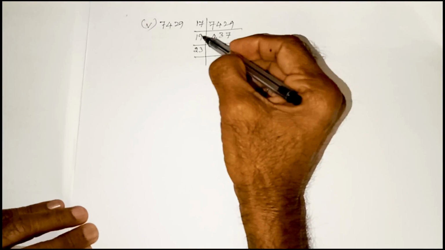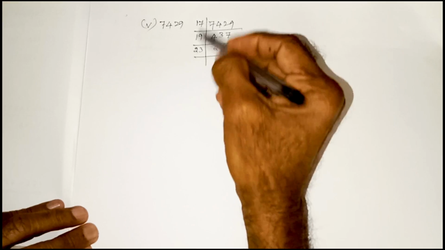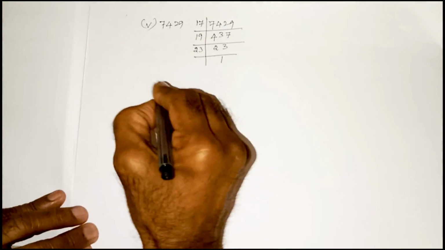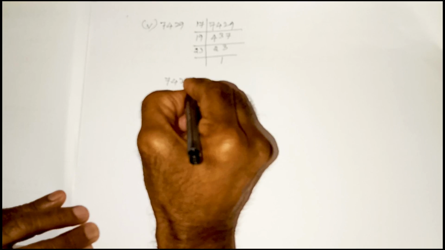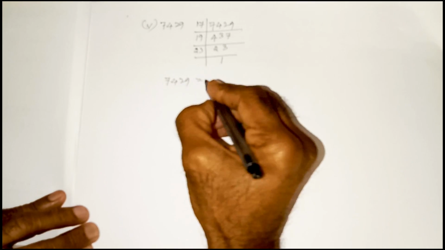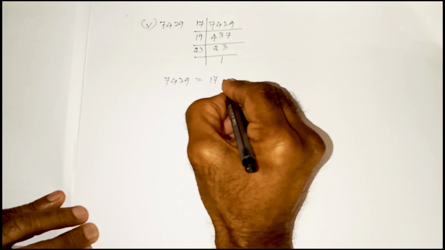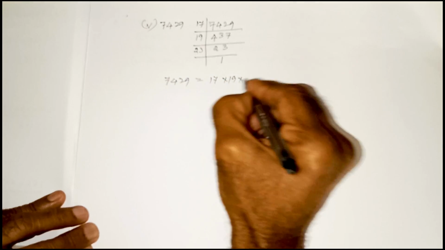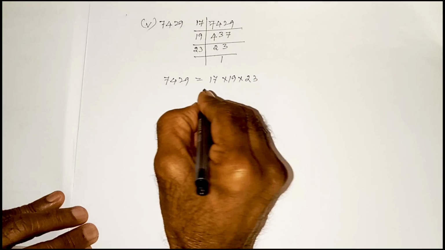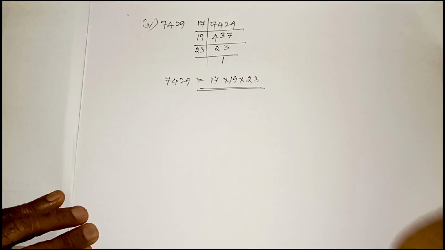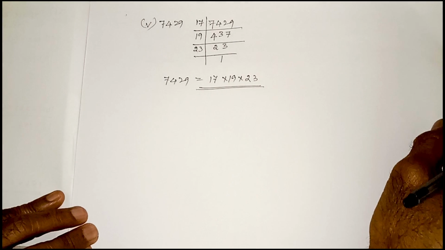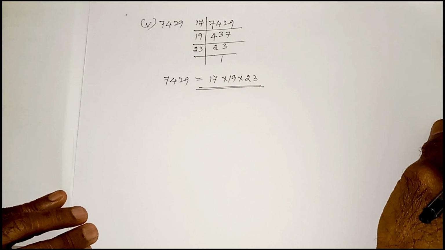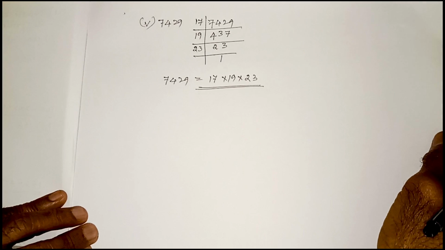Now 17, 19, 23. These three are the factors of 7429. Let us write down. The factors are 17, 19 and 23. This is your answer. Now we have solved question number 1 of exercise 1.2.